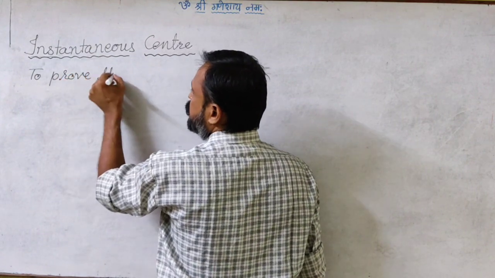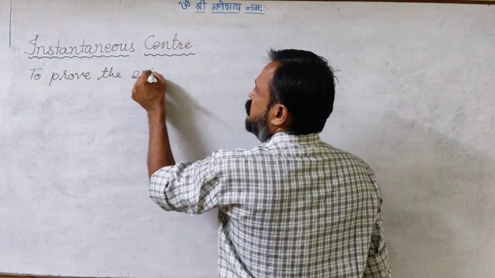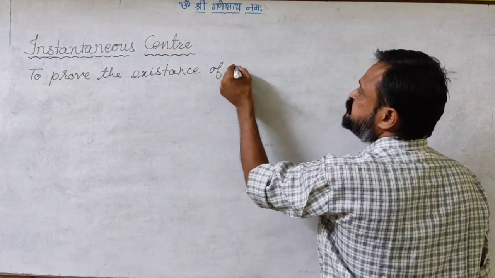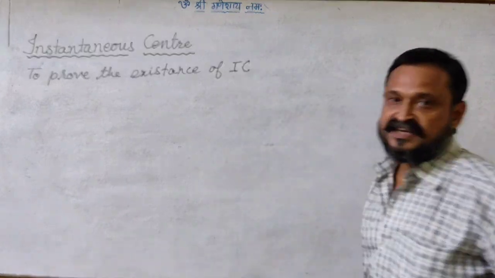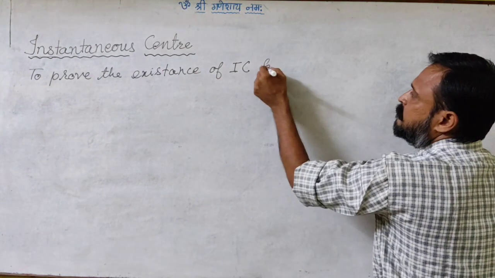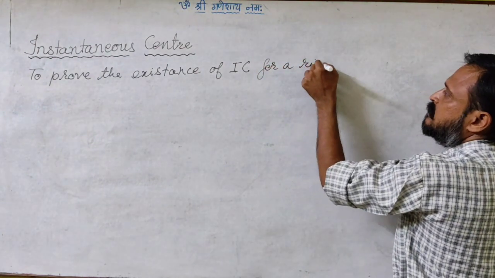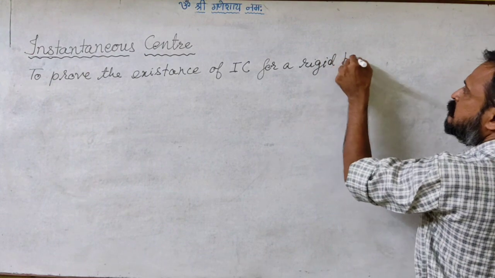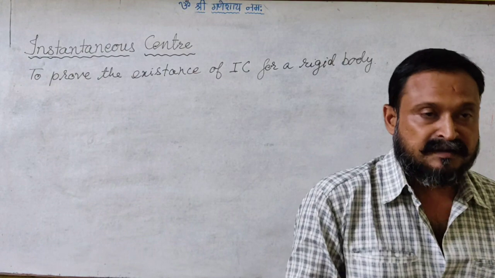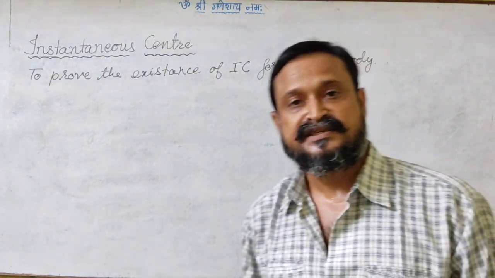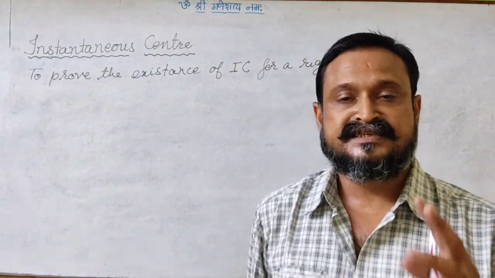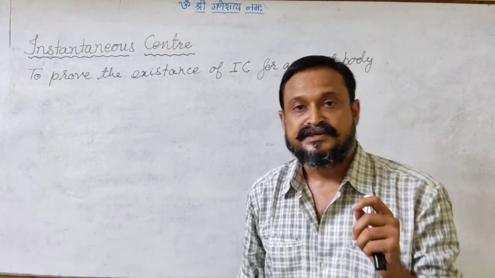To prove the existence of the instantaneous center of velocity for a rigid body, we need to show mathematically that such a point does exist, whose instantaneous velocity is 0 for an instant.